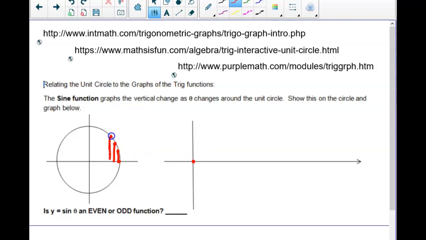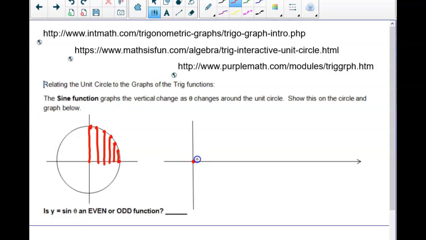To here, longer again. Now, if that is a unit circle, what is the maximum length it hits? 1. Everybody okay? 1 unit, because it's a unit circle, the radius is 1.